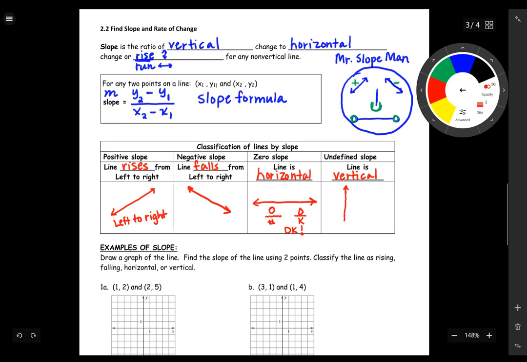So draw a vertical line. You have a number in the numerator and you'll always have 0 in the denominator for something to be undefined. You can never divide a number by 0. It is not allowed. So a number on top is okay. 0 on the bottom is not okay. 0 is only okay on the top.